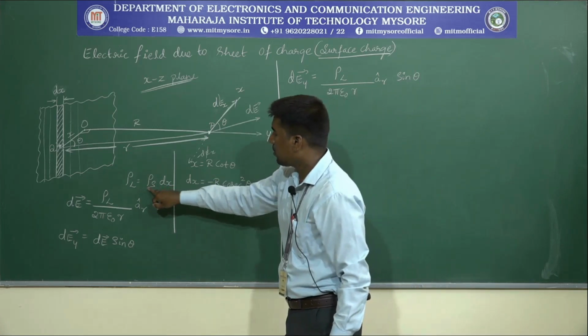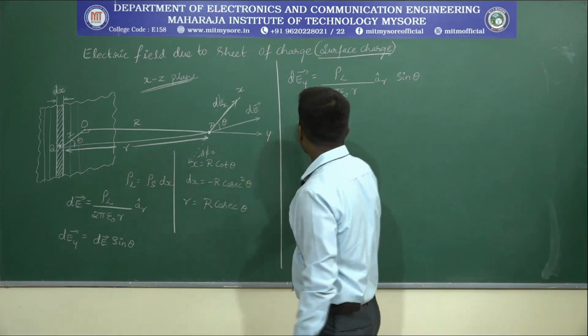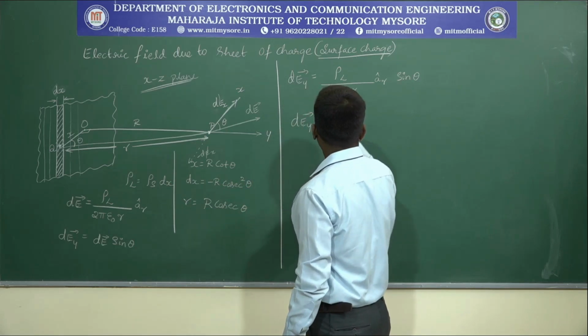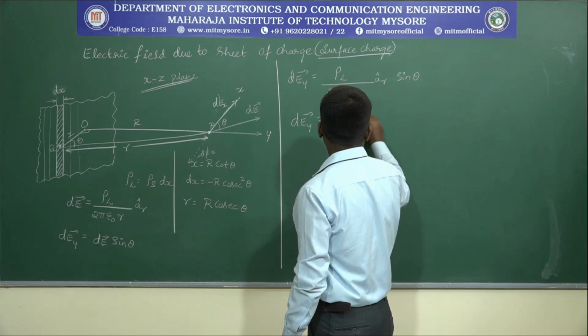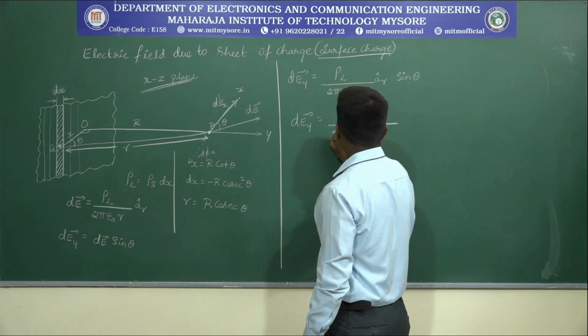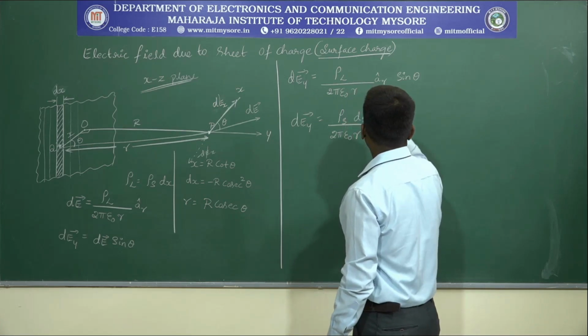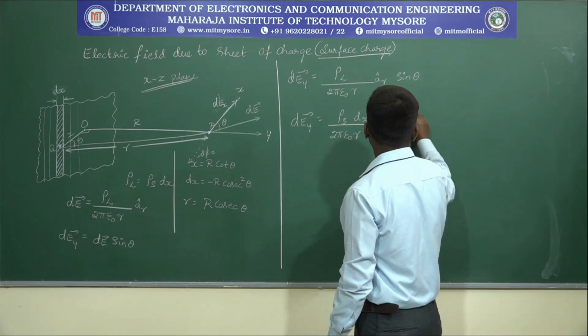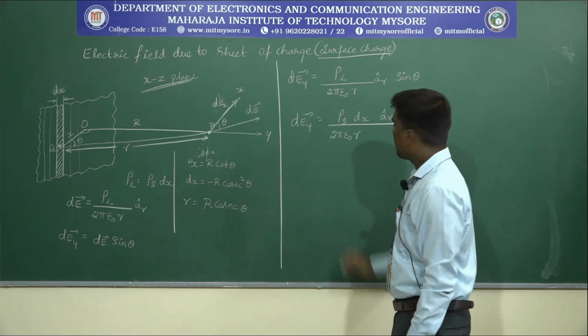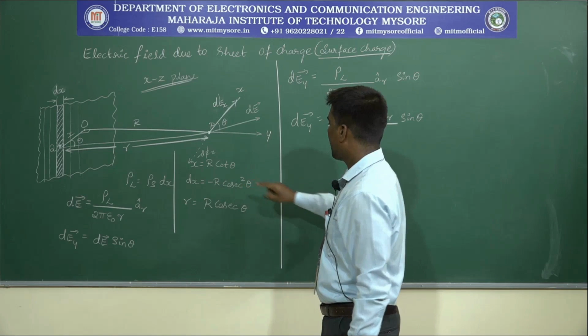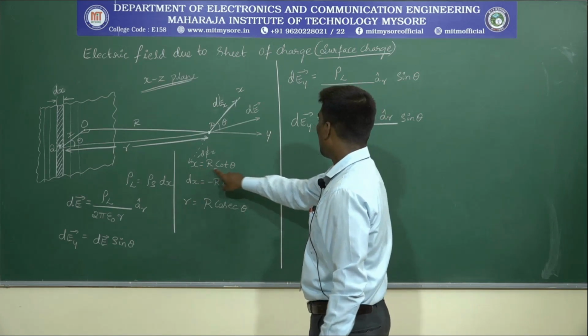Rho L is equal to rho S into dx. So dEy is equal to rho S into dx divided by 2 pi epsilon naught into r into a cap r into sin theta. So what is r? Sorry, x is equal to r cot theta.